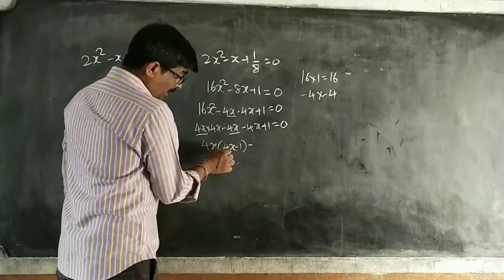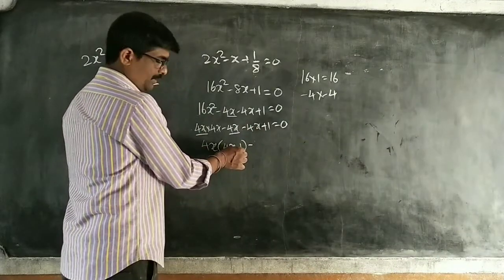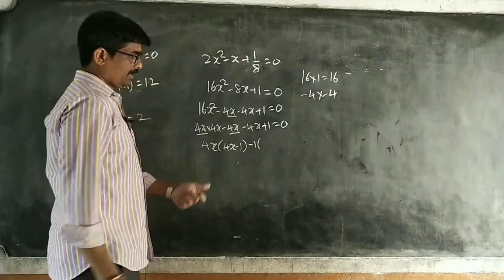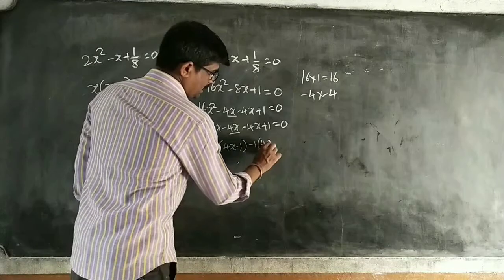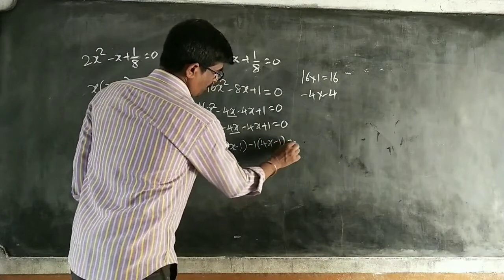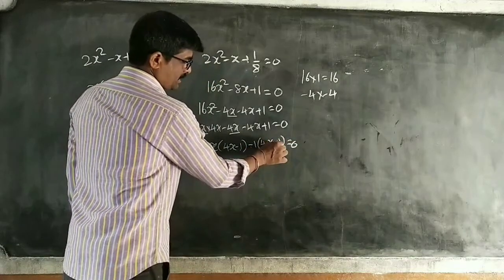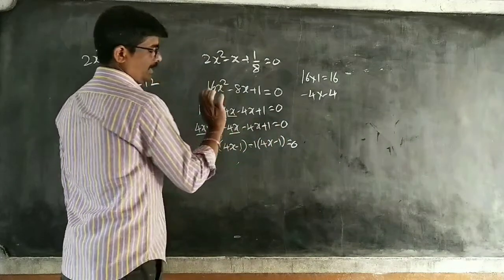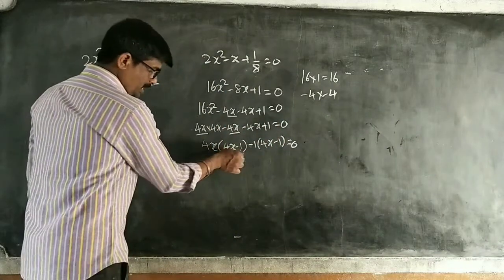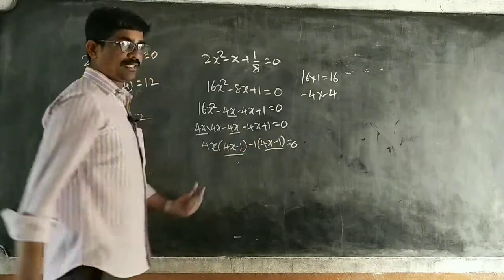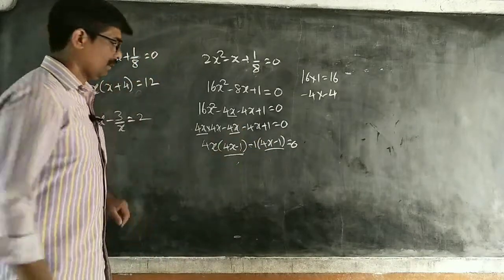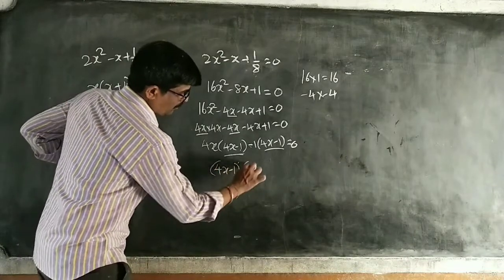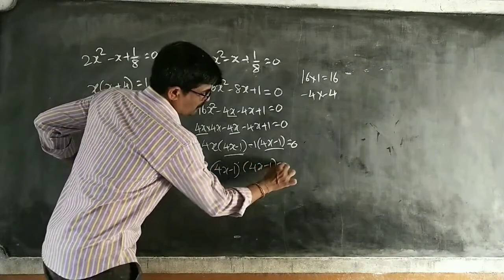Here also 4x minus 1 is common. So if I am taking minus 1 common, then automatically 4x minus 1 is equal to 0. Minus into minus plus 1, minus into 4x minus 4x. The terms in the bracket should always be equal. So now I am taking 4x minus 1 common, again 4x minus 1 is equal to 0.